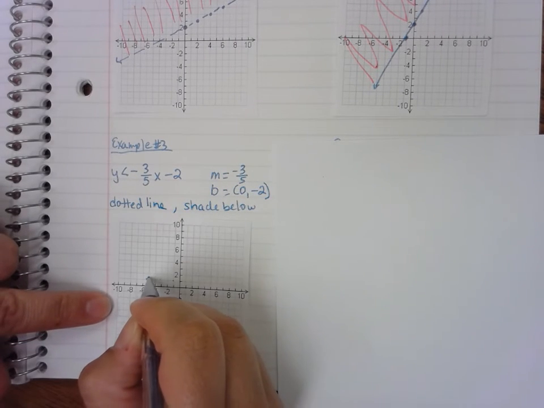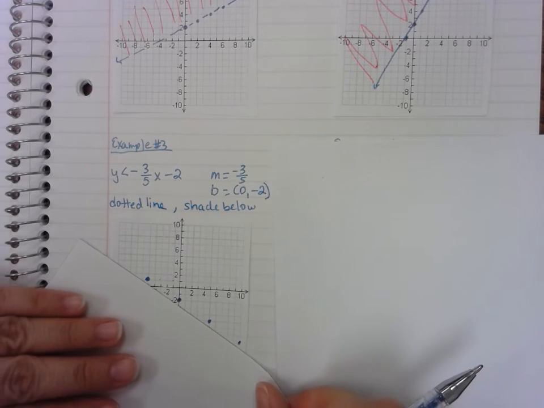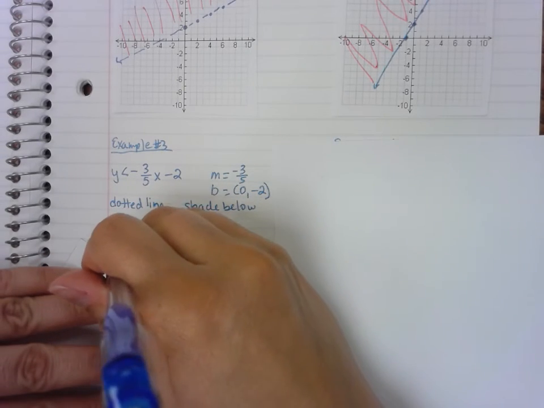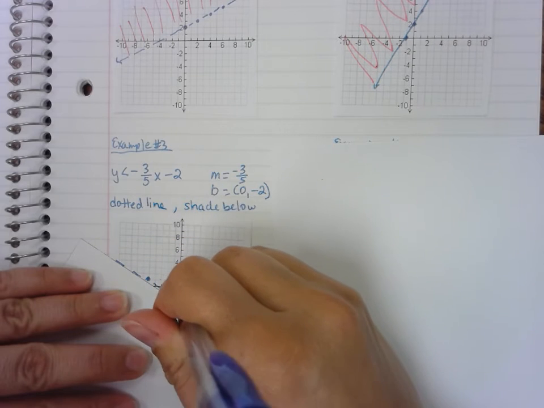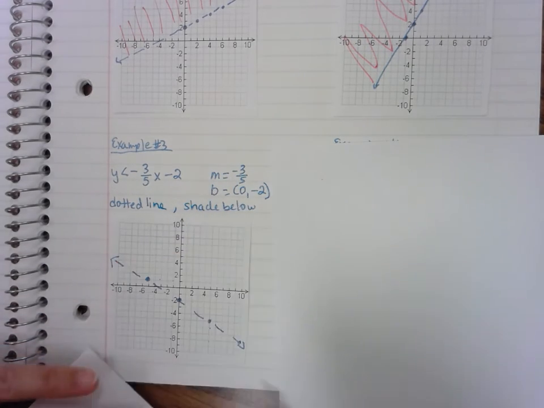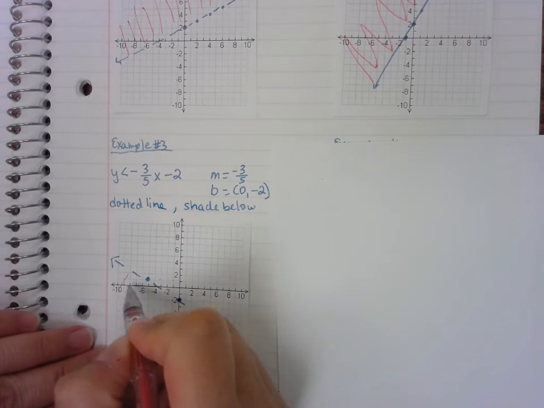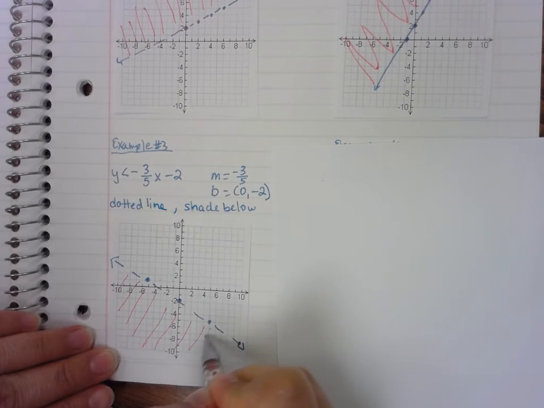This time when I connect it, remember it's a dotted line because it is less than. So I'm going to make it a dotted line with arrows on both sides. And when I shade this, it is going to be below.